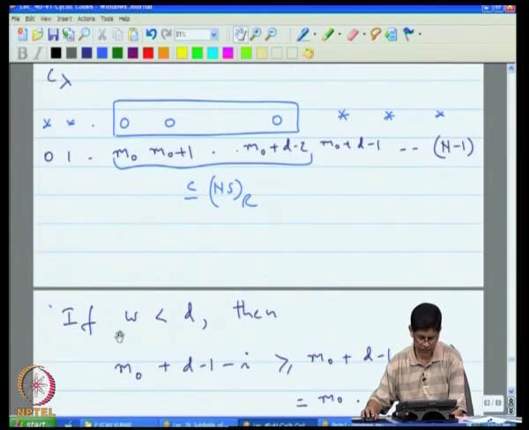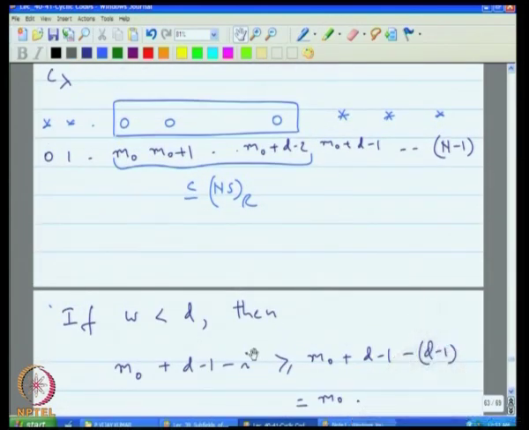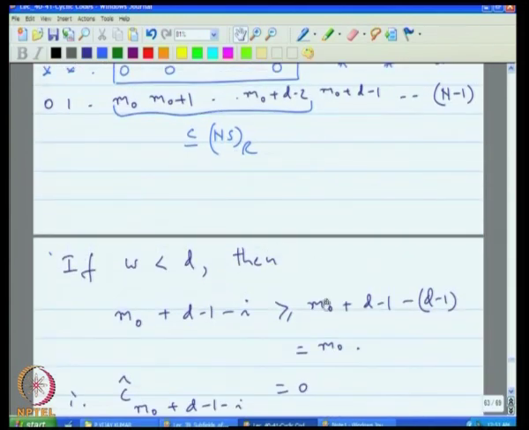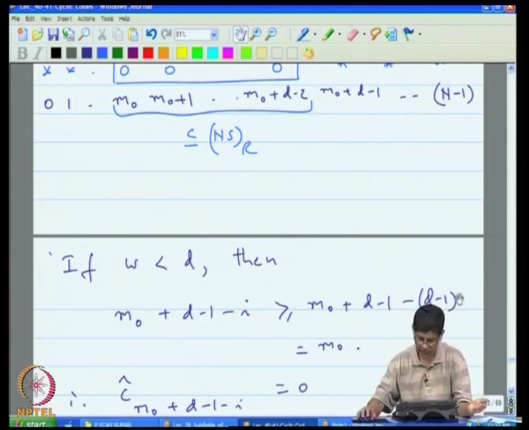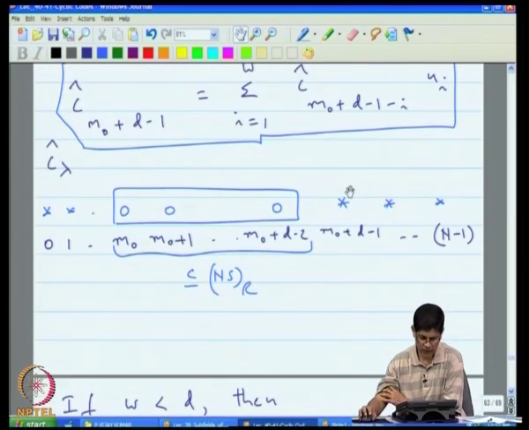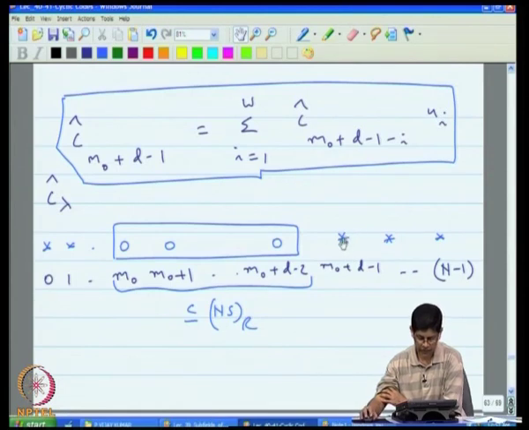But if w is less than d, then since you are going back from m0 plus d minus 1 by at most w, you are going back into the past. The earliest or the smallest index is this minus d minus 1. So, w can be at most d minus 1, since we are assuming it is less than d. So, this comes out to m0. So, that means that what you have actually shown is that if it has weight w, then this value must be a linear combination of these zeros, which means that this entry must be 0.